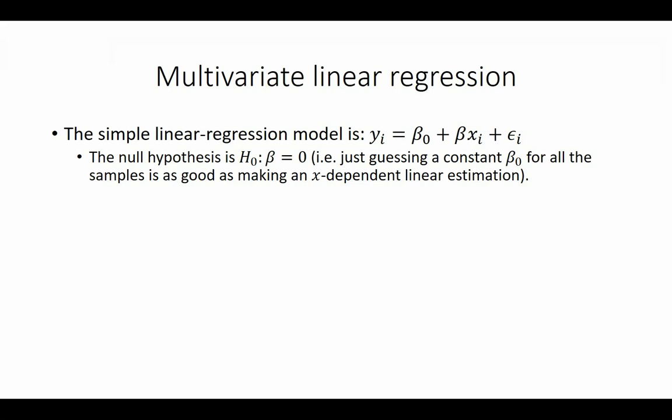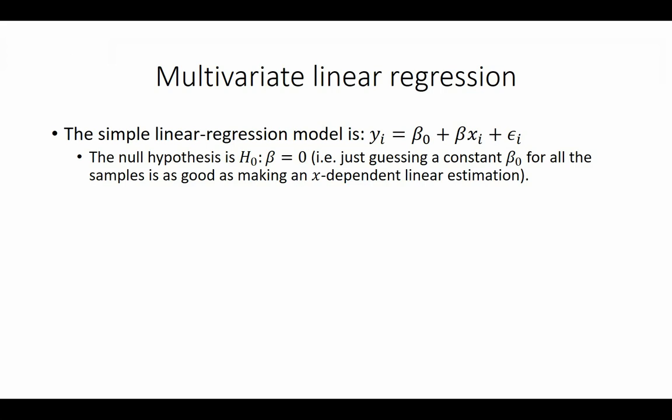So if we want to do some analysis over, say, 100 samples, we can give each one of them an index, i. And then we say that the y value for the ith sample is some constant number, which we call beta 0, plus the x variable for this ith sample multiplied by, again, a constant, beta. And then we add some noise, which we typically call epsilon.